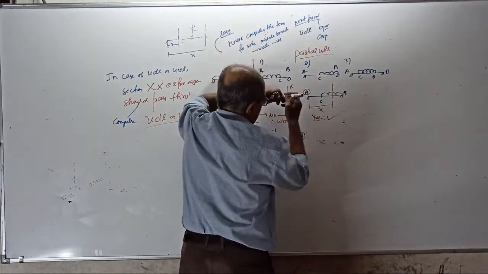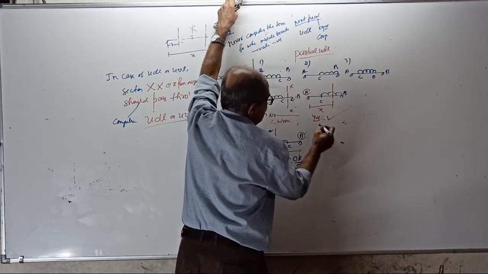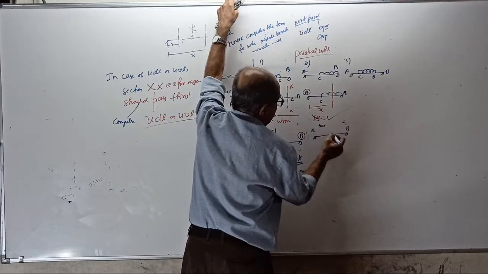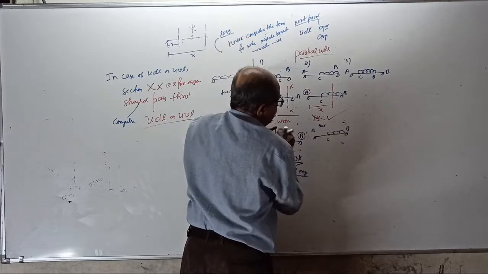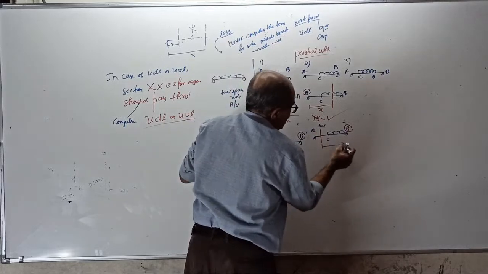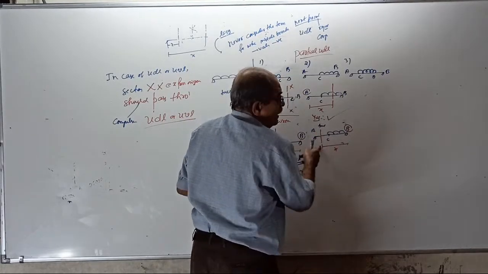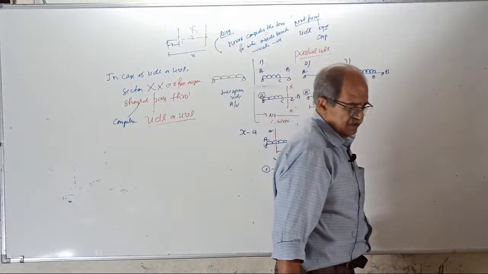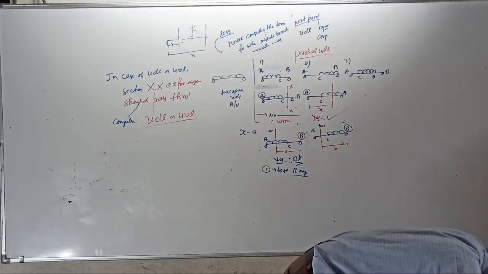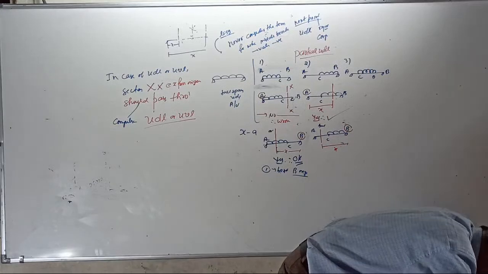Therefore, okay. But suppose you take B origin, section should be here, between the last 2 points. Now, is it passing through UDL? If I take B origin, is it passing through UDL?